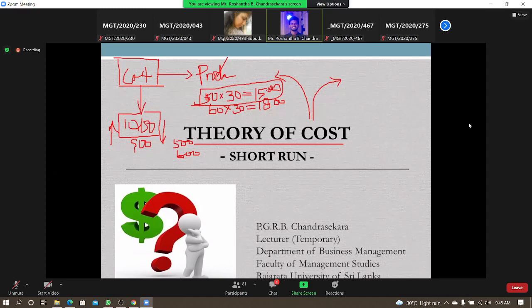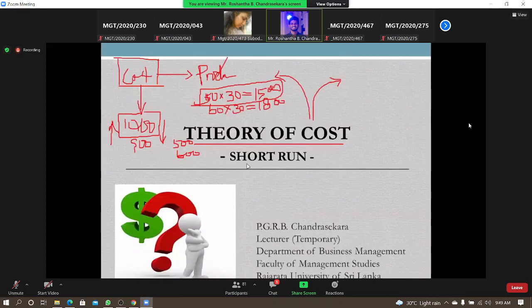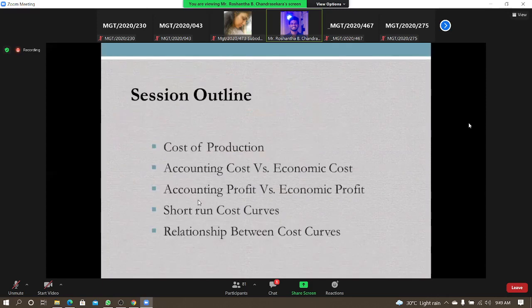So by basing on those points, we can discuss the theory of cost in the short run under these topics.